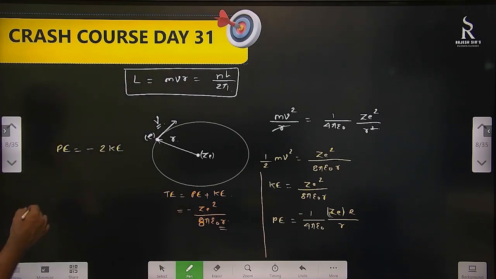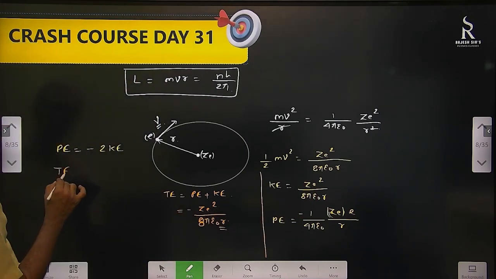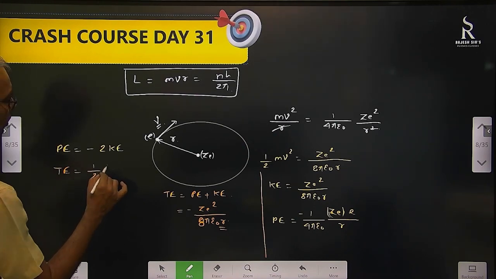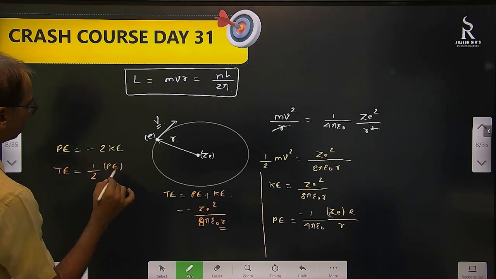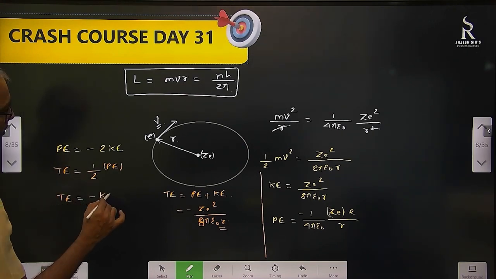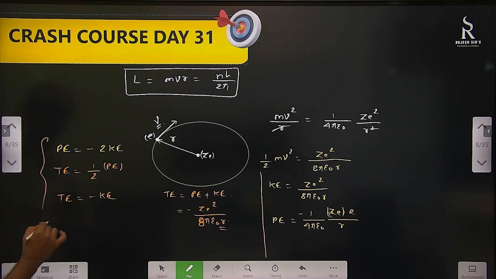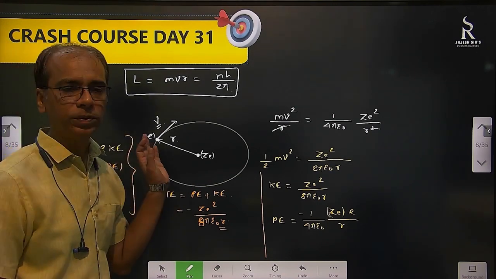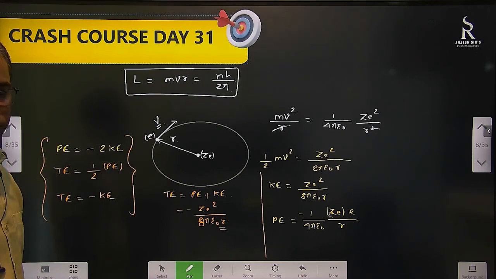So total energy is half of the potential energy, and total energy is equal to minus K. These are important relations. So this we know about total energy.